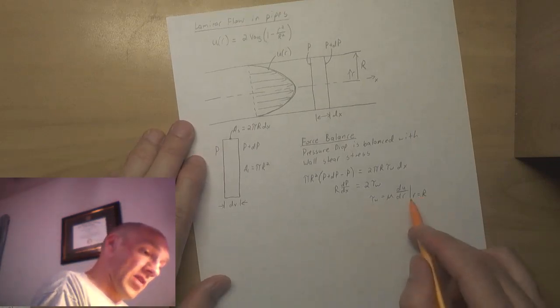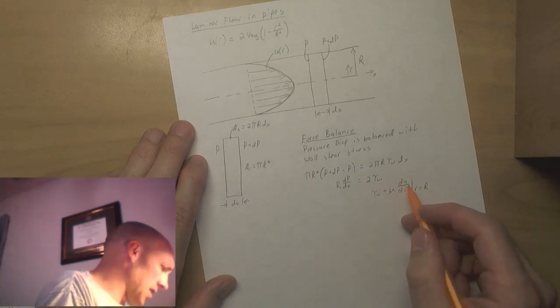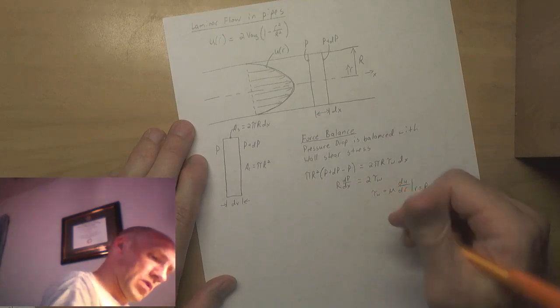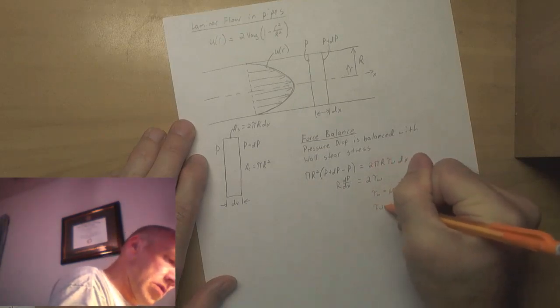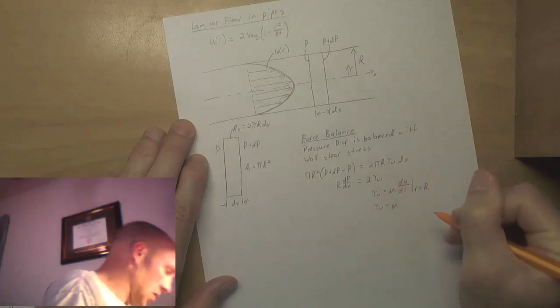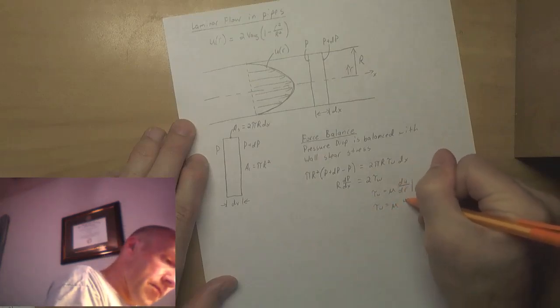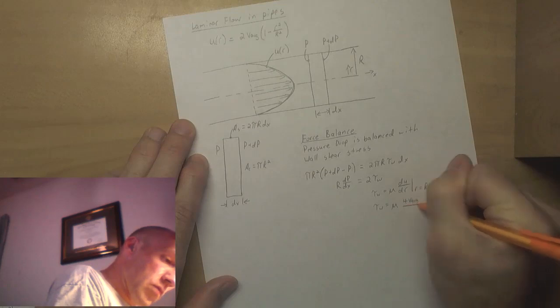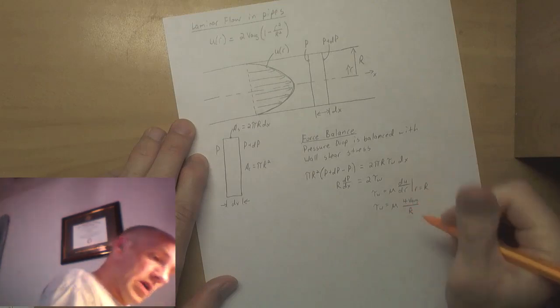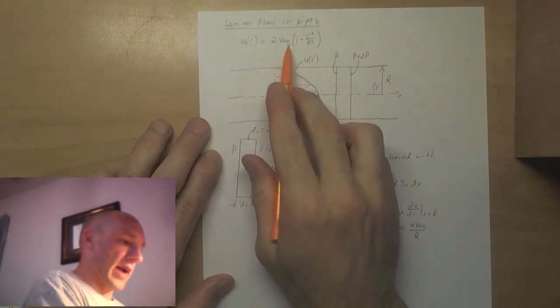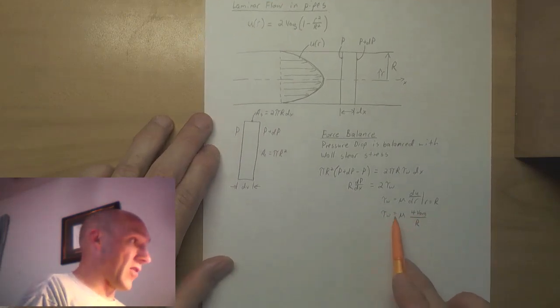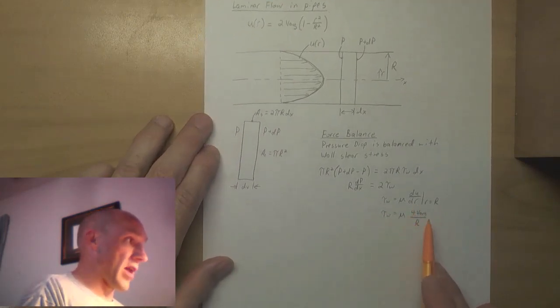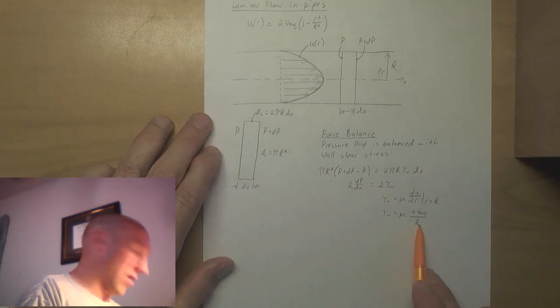I'll leave it to you to calculate the derivative of that and verify that the velocity gradient evaluated at the wall comes out to that quantity.